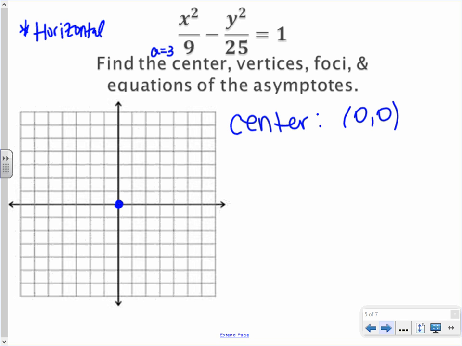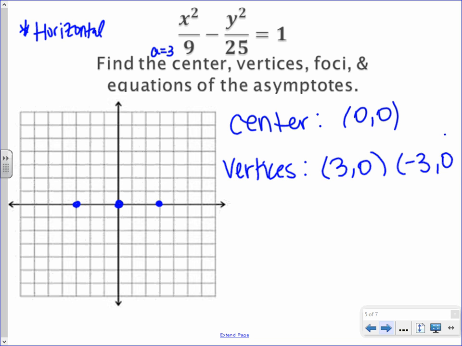You can also think of it as, since 9 is underneath the x, we're going to move horizontally 3. So our vertices are at 3, 0, and negative 3, 0. Now, we don't have minor vertices like we do on an ellipse, but B is still important.